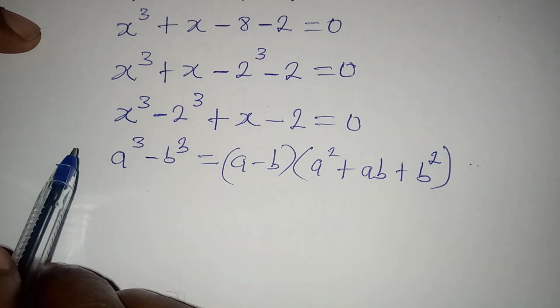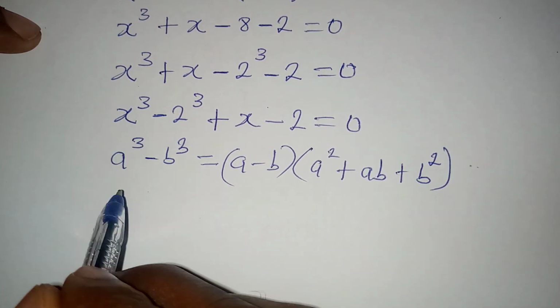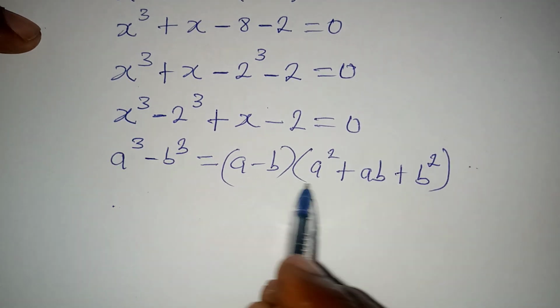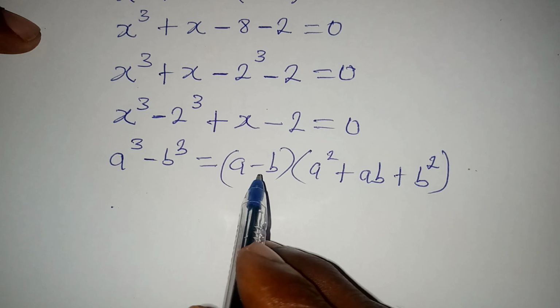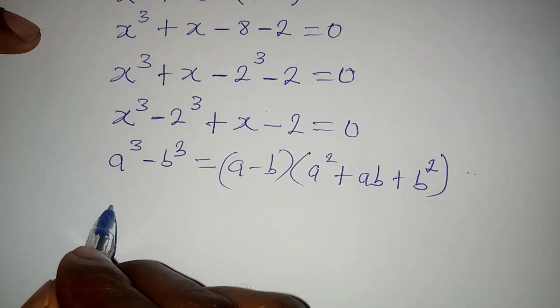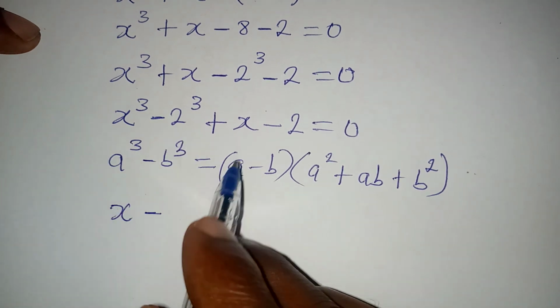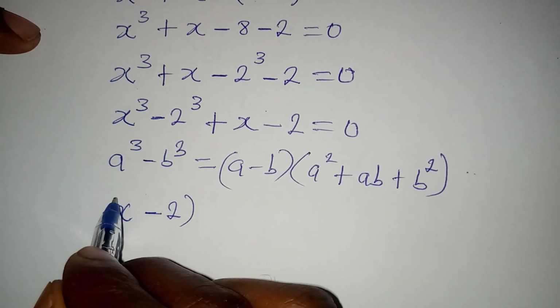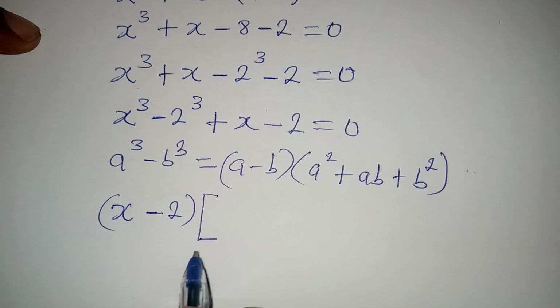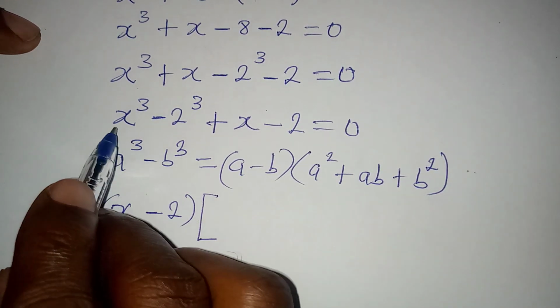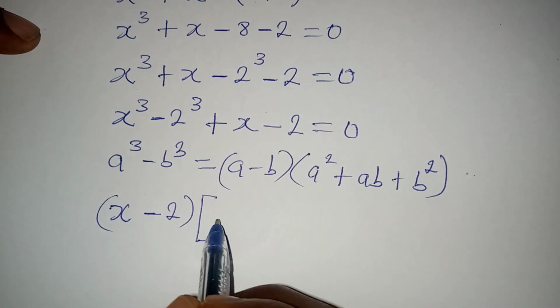So, in place of a, I'm going to write x, then minus, in place of b, I'm writing 2. This will be in one bracket. Then in place of a squared, I'm writing x squared.